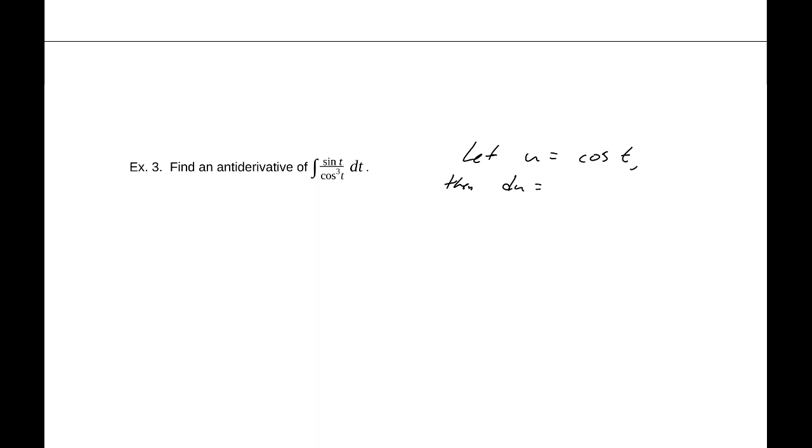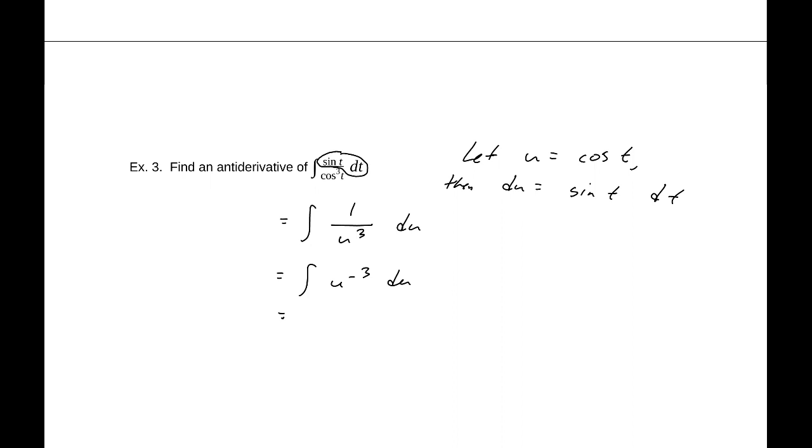Okay, then du equals negative sine t dt, which means my sine t dt is going to be absorbed by my du. That is 1 over u cubed. I'm going to go ahead and write that as u to the negative 3.